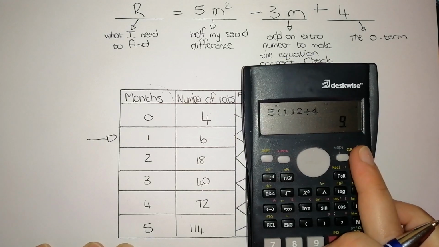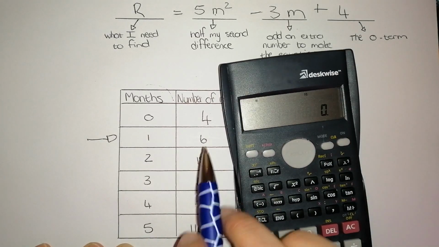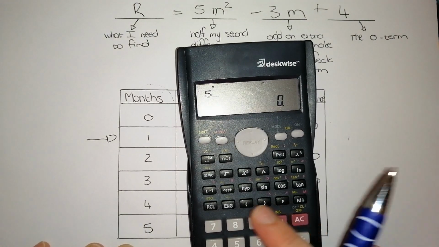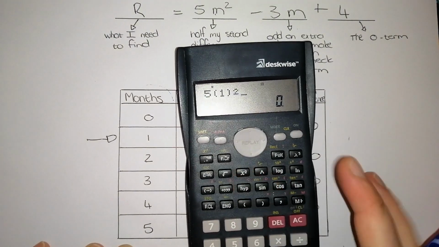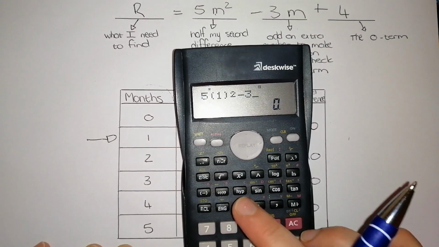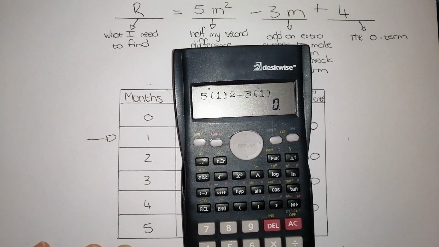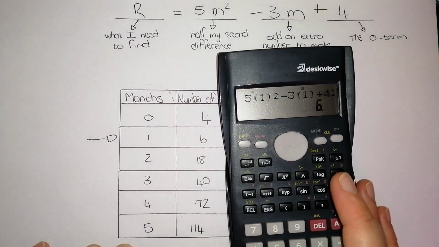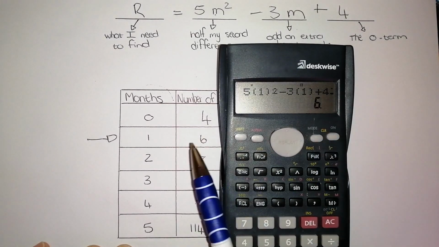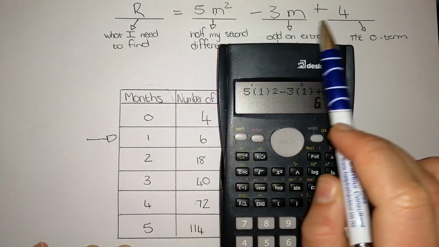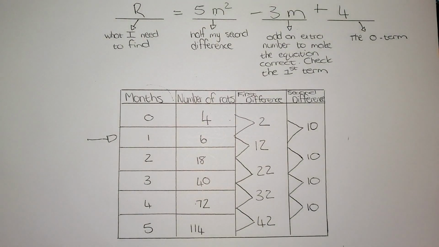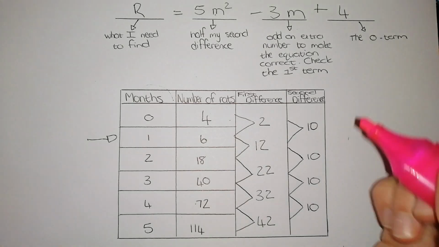Now I'm going to retype this. So substituting my 1 in there, I'm going to have 5 bracket 1 squared minus 3 bracket 1 plus 4 is equal to 6. As you can see, the answer is the same, so we know that this rule is correct. Just to finish it off, let's do the highlighting.